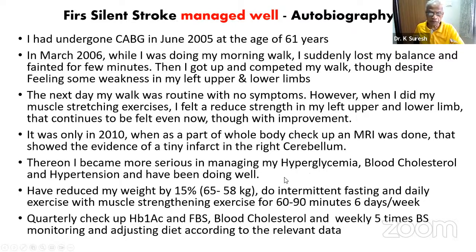I spend about 90 minutes on walking and muscle strengthening exercises, with periodical checkups of HbA1c, fasting blood sugar, and blood cholesterol. As I told you, I monitor my blood sugar at home at least 5 times and adjust my diet.